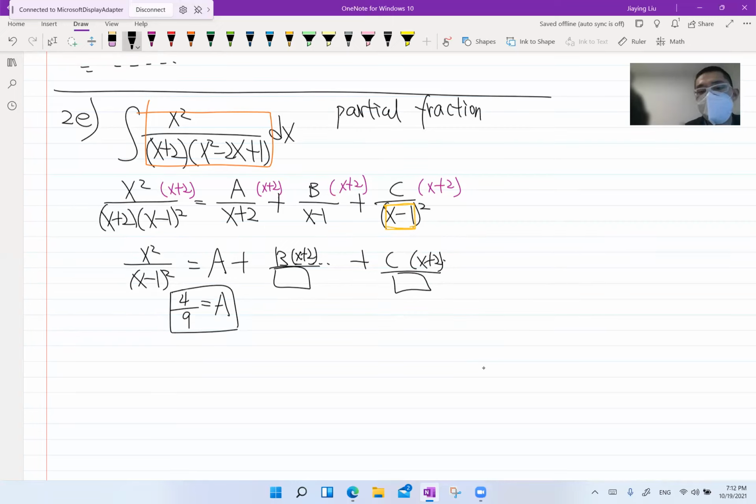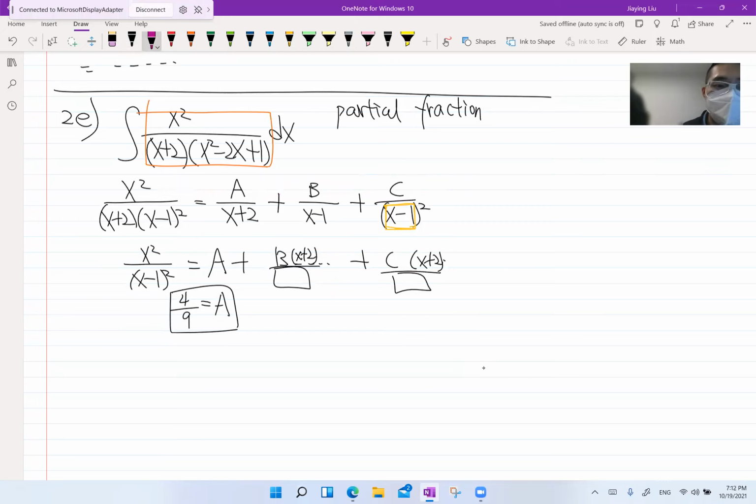How do we find the b term? Well, I'm going to leave b for now, because if I multiply by x minus 1, it doesn't really help. I still have x minus 1 on the left side and also for the c term in the denominator. So instead, I'm going to multiply by x minus 1 squared. So let me erase this.